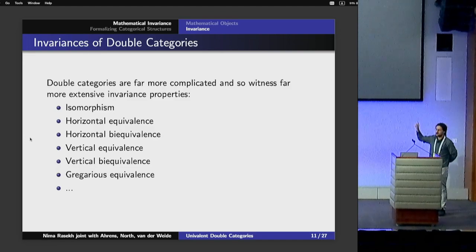And notice also, these are not strictly included in each other. It's not true that one implies the other; there's a poset of relations between those. Some of them are not comparable, and so on. So it gets very chaotic very fast. That's definitely not a convenient situation. We have this web of invariances for our double categories. And yeah, then we always have to keep track of what we're talking about.